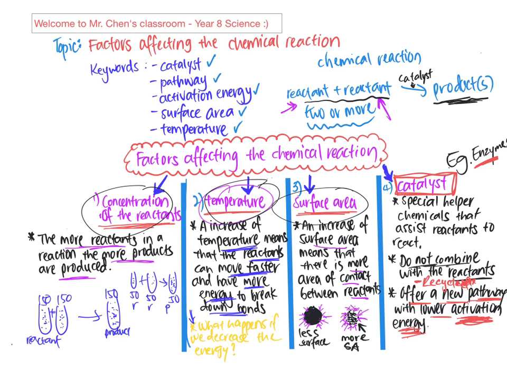All right, so catalyst, remember, is a special helper that assists in reaction. It does not combine with the chemical reaction. It is recyclable, and what it does is offer a new pathway with lower activation energy.